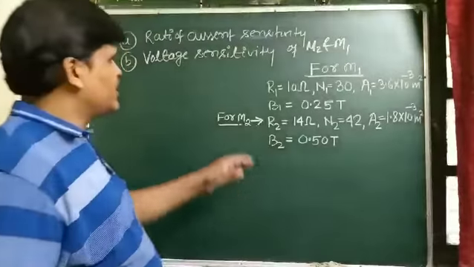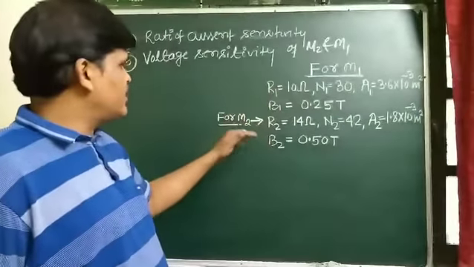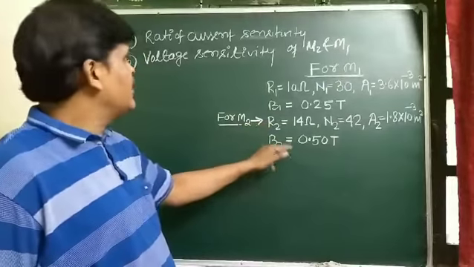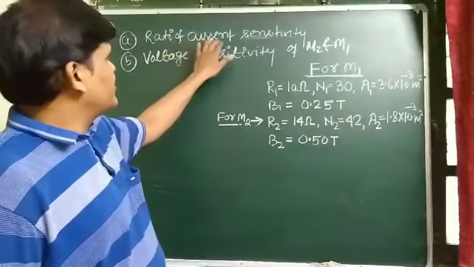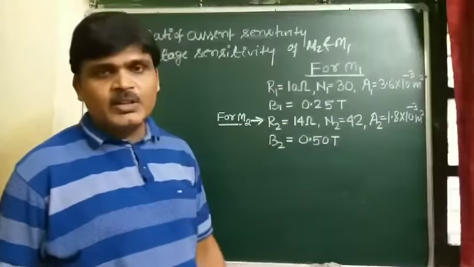So in both the cases, for meter 1 this value is given, for meter 2 this value is given, and we have to find the ratio of current sensitivity of M2 and M1.